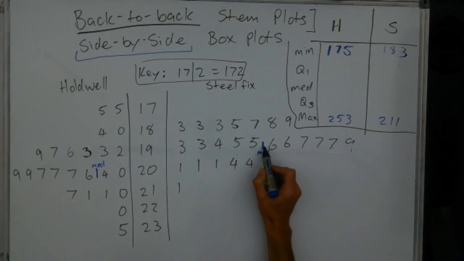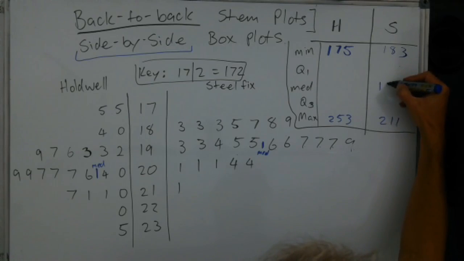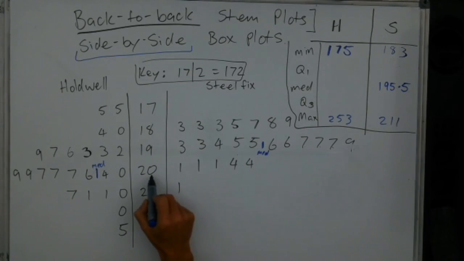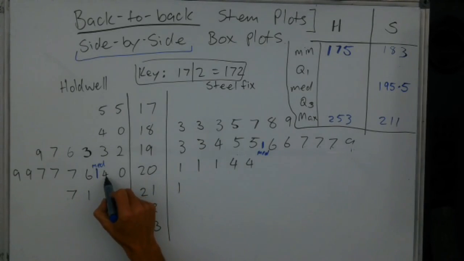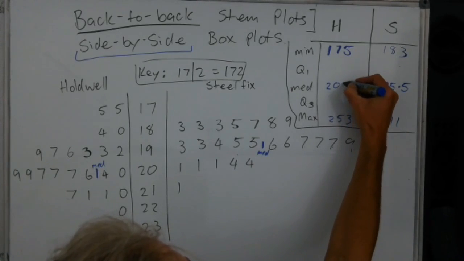So our median here is the average of 195 and 196 for SteelFix. That is 195.5. And over here we have the average of 204 and 206. 205.